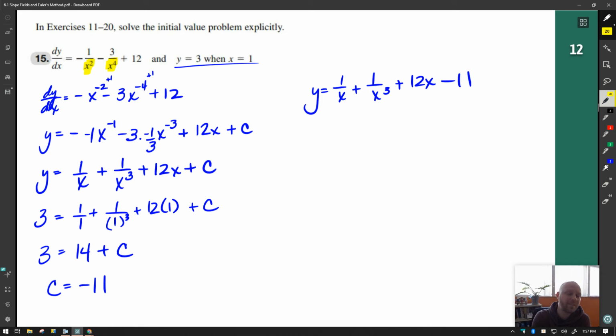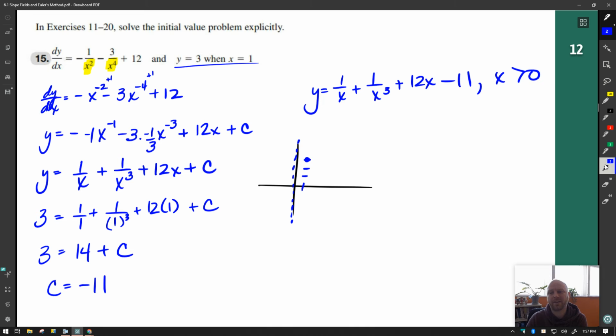So there's a branch to the left of 0, a branch to the right of 0. And if you visualize there being a vertical asymptote here at 0, and our initial condition is 1, 3, x is 1, y is 3, this only pins down the right side of the solution. So we're going to have to say this only applies to x greater than 0.